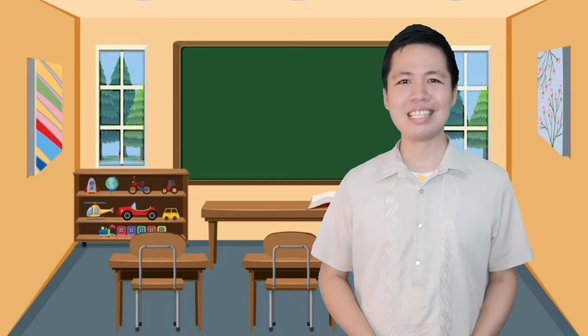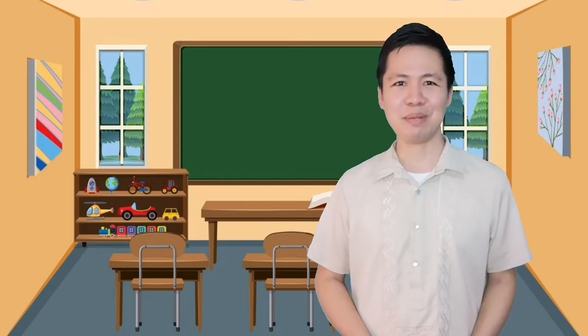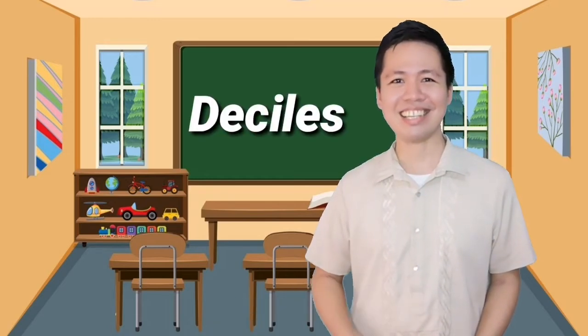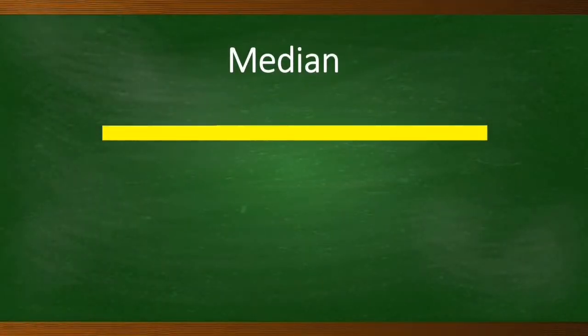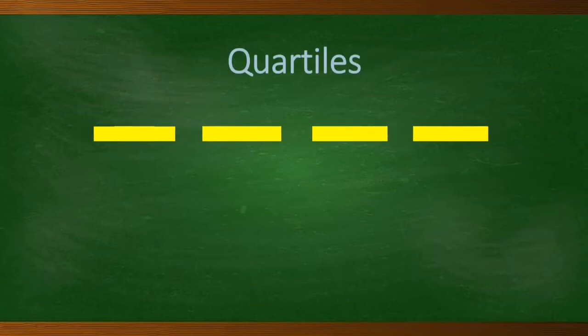This time, let us discuss another measure of position, the deciles. The median divides the dataset into 2 equal parts. Quartiles divide the dataset into 4 equal parts.